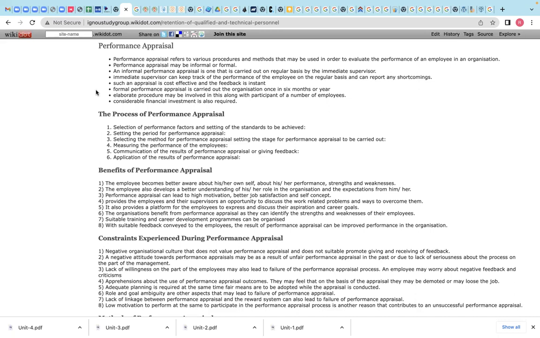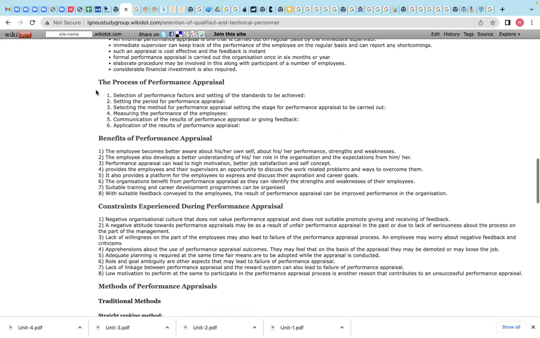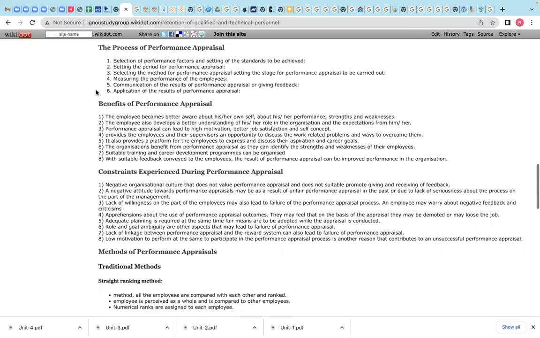What is the process involved in performance appraisal? First, you recognize the factors that could affect the performance. Two, you set the period of performance appraisal. Are you going to do it every 6 months, every 1 year, etc.? Third, you decide the method of how you are going to do the appraisal. Fourth, how you are going to measure: these are the things I want to measure, and you start measuring.